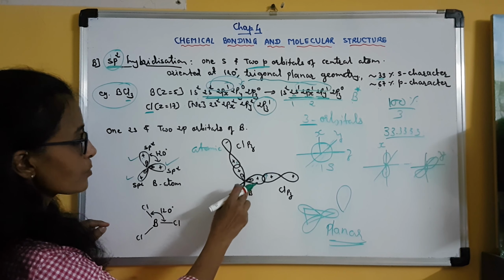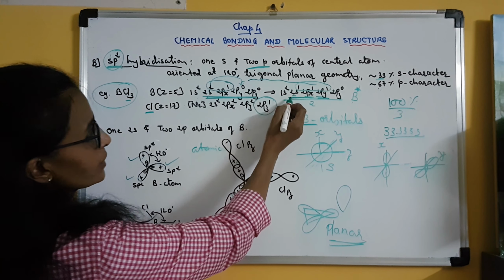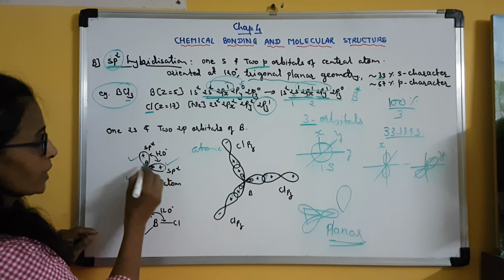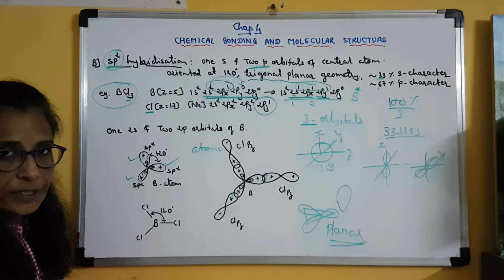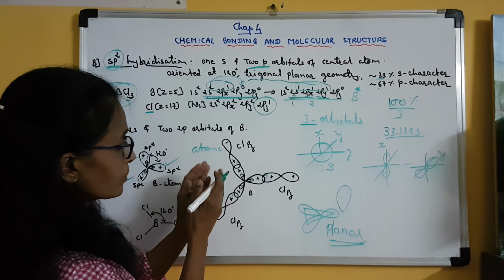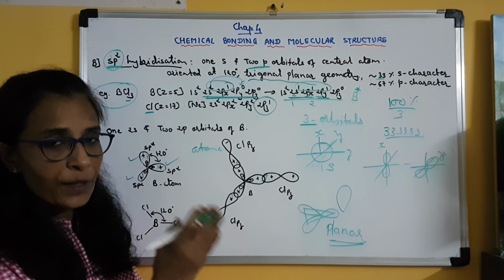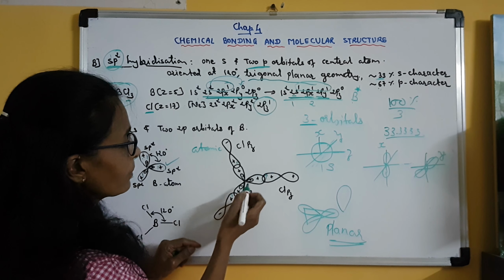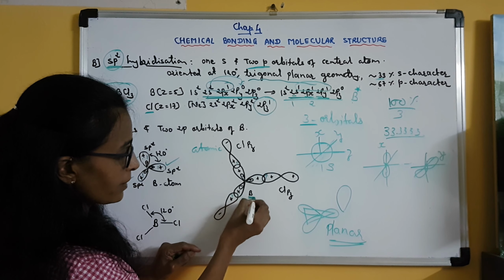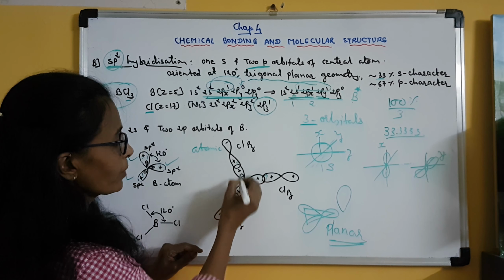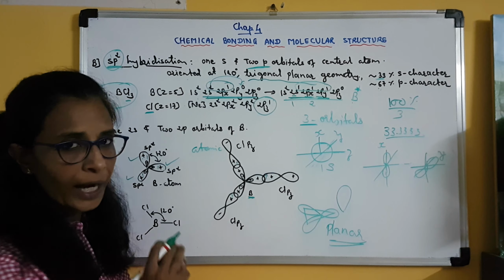Clear? And this boron also has 3 unpaired electrons. So in these hybrid orbitals there are unpaired electrons present. Clear? So after boron has formed hybrid orbitals, there will be overlapping between the hybrid orbitals of boron, which is the central atom, and the atomic orbitals of the 3 chlorine atoms.